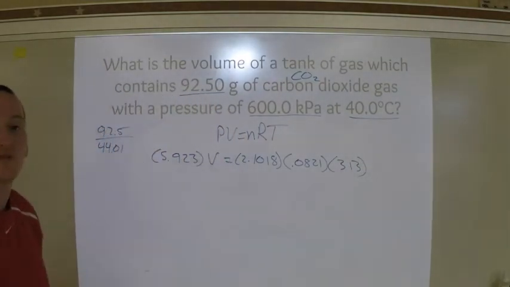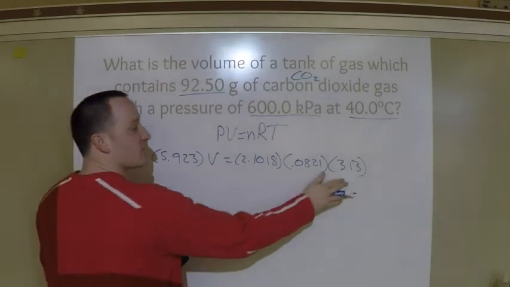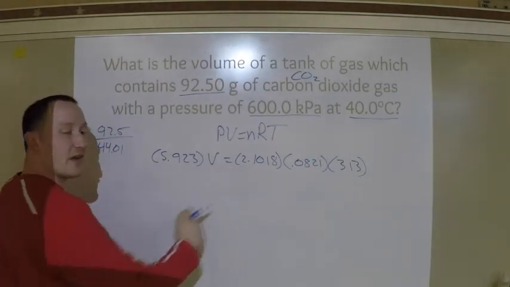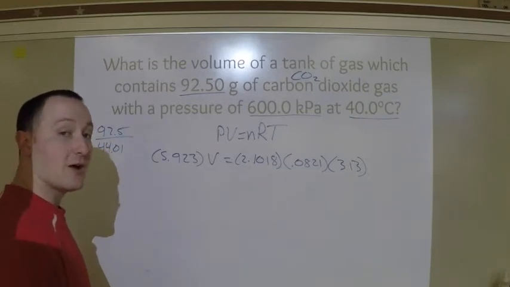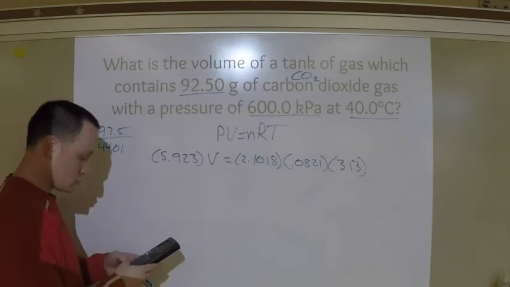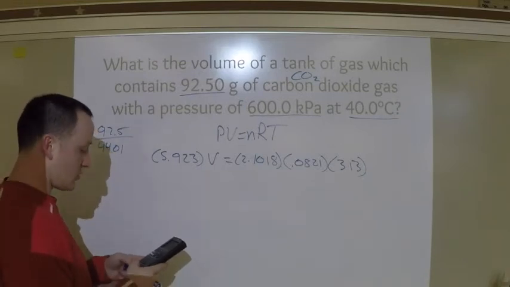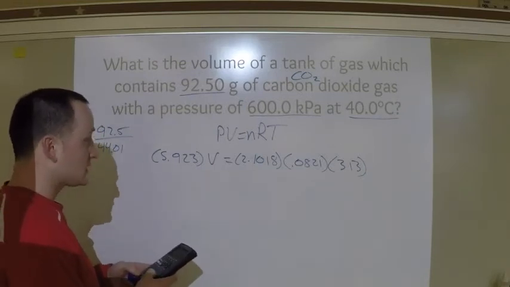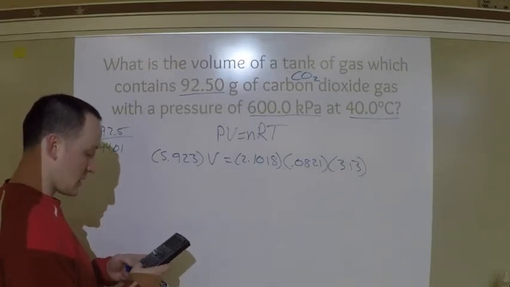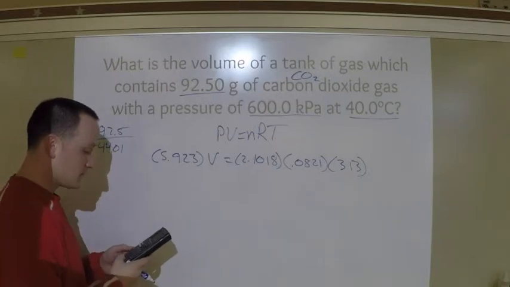Now I'm going to solve this for V. So I'm going to solve this side of my equation first. Then I'm going to divide by 5.923, and that should give me my value for my volume. So I've got 2.1018 times 0.0821 times 313.